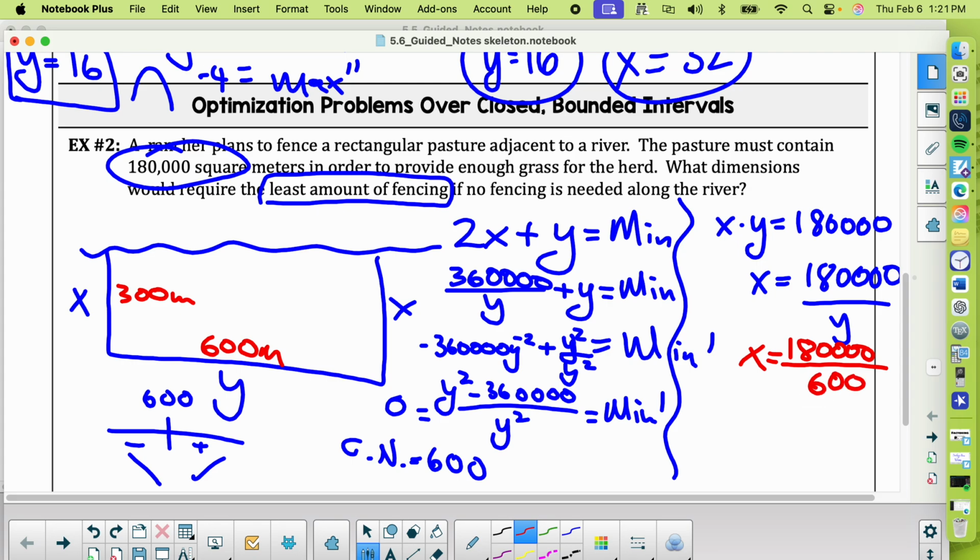What can make these more complicated is the initial setup of the problem. The main thing that can make these more complicated is your equation that needs to be minimized or maximized, and figuring out the drawing. But a lot of these problems will have a drawing.